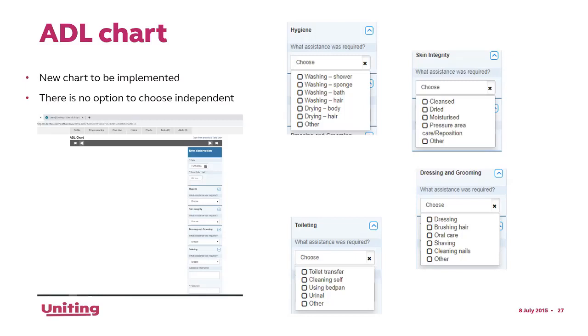There is a section in the ADL charts for hygiene, skin integrity, dressing and grooming, and toileting. And staff select the assistance that is required for each of those options.